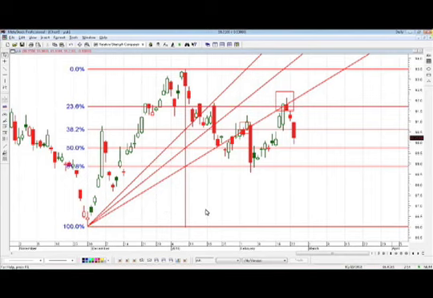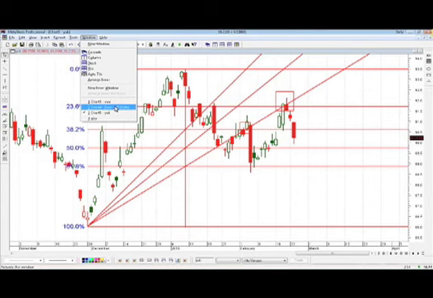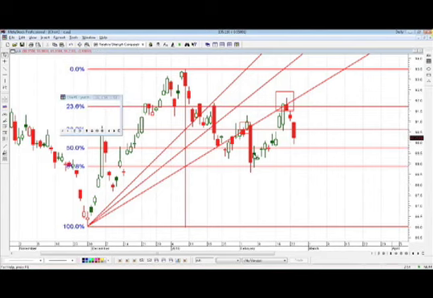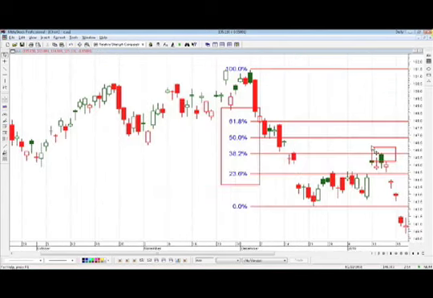Okay, so I want to go back to the euro here, and we talked about the fact that the euro had one of these potential resistance areas identified by the Fibonacci retracement back here in the middle of January, where we get our opportunities.